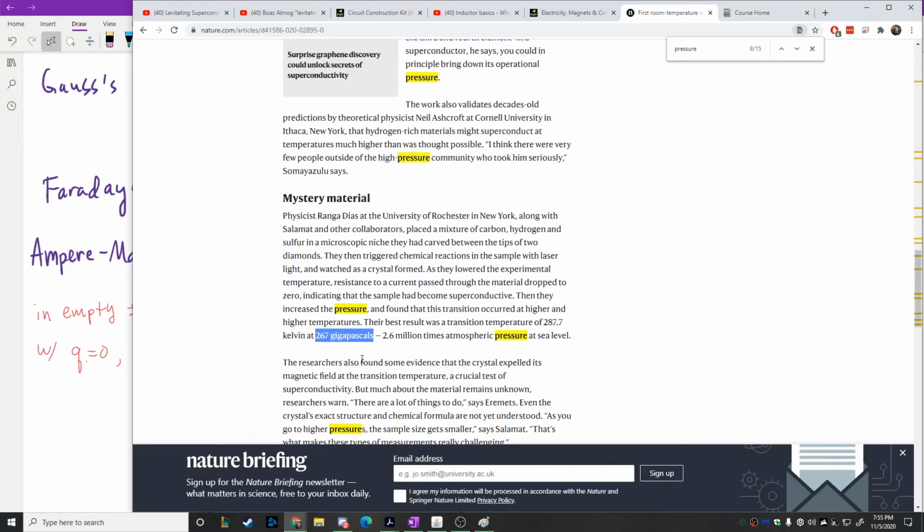There it is. 267 gigapascals. 2.6 million times atmospheric pressure. That's just wild. It must have been fun to figure that out, though. Science is really, really interesting.